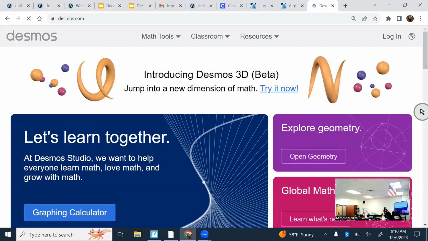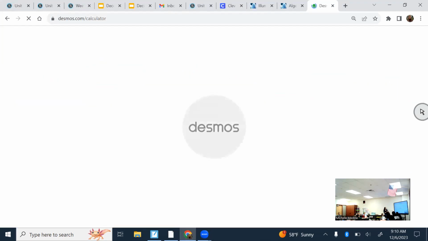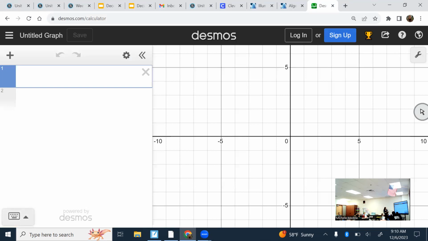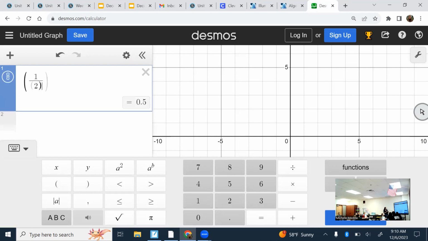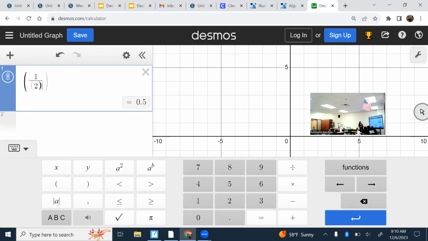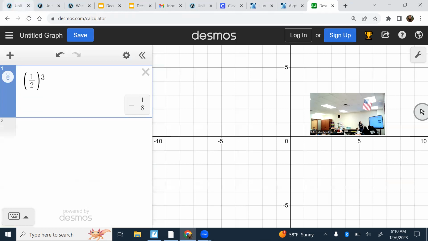So in that one, we're seeing if 1/2 cubed is 1/8. So, half in parentheses. And then we're gonna see this. Okay, now it gives me a decimal. If you want the fraction, press this button. Is that 1/8? So then we are gonna pick that one.